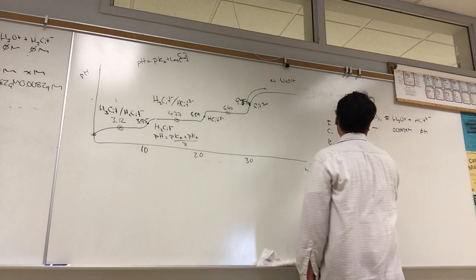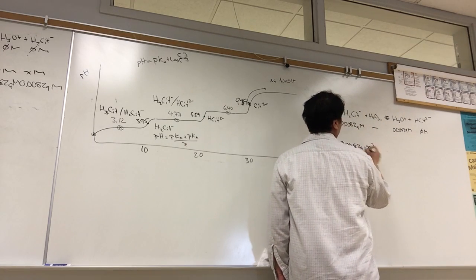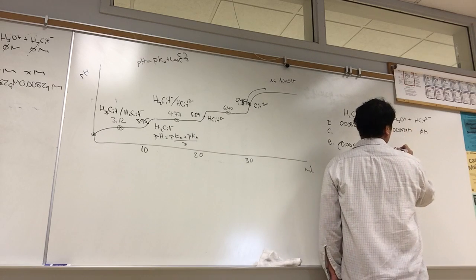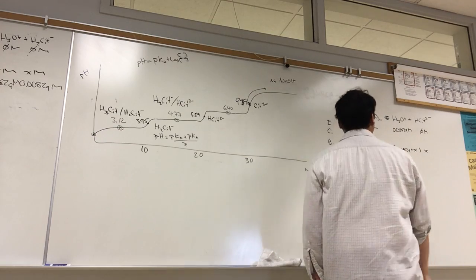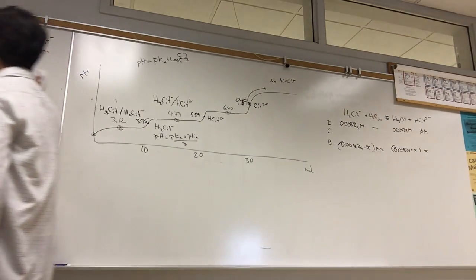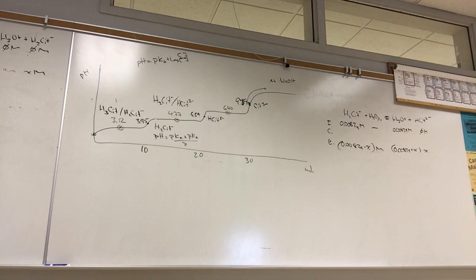And so at equilibrium, we're going to get 0.00829 minus X for the citrate, for the hydronium, 0.00829 plus X, and then X. Ka2 is 1.7 times 10 to the minus 5, which is going to be 0.00829 plus X times X over 0.00829 minus X. We're going to use the simplifying assumption here, so that's just equal to X. If that's equal to X, then let's calculate the percent.